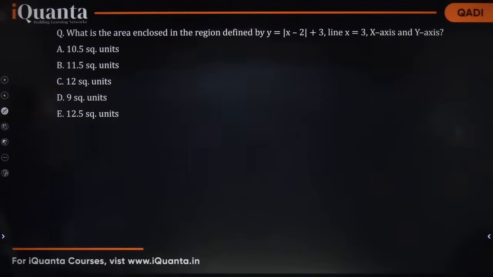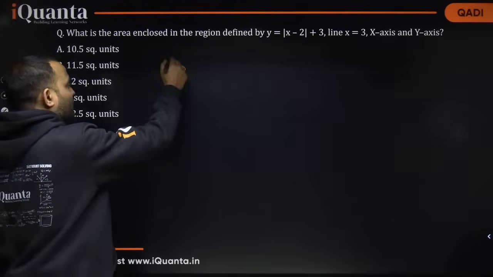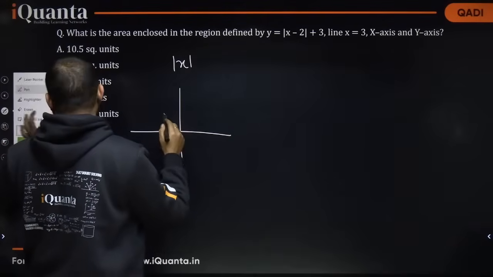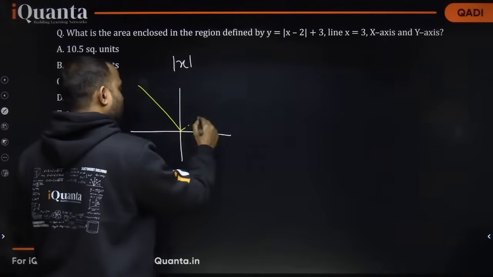To solve this question, if you know how to draw a few basic modulus graphs, then it will be much easier. Like the graph of mod of x is something like this. This is the graph of mod of x.